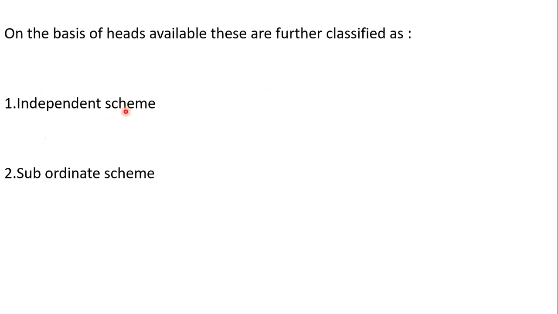Between those two, medium head schemes are more successful. Low head schemes are not found economical in independent generation schemes. So we do not use low head schemes, only medium and high, and of those two, medium is considered most successful.